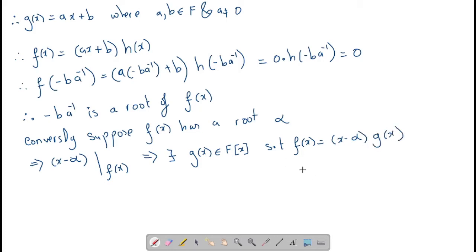Now notice here that as we are in a field and the degree of f is either 2 or 3, therefore the degree of g will be either 1 or 2, and hence g will be a non-zero non-unit polynomial. Therefore this tells us that f(x) is reducible.